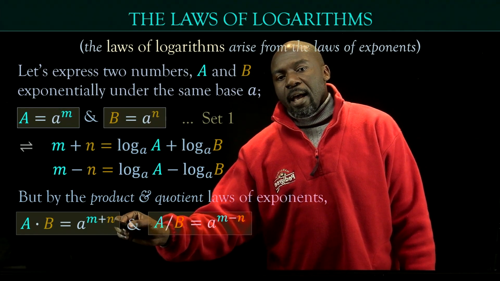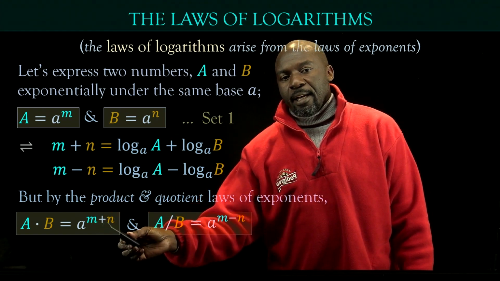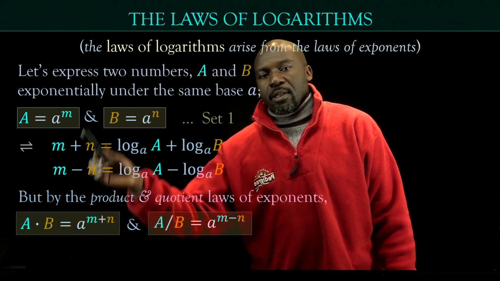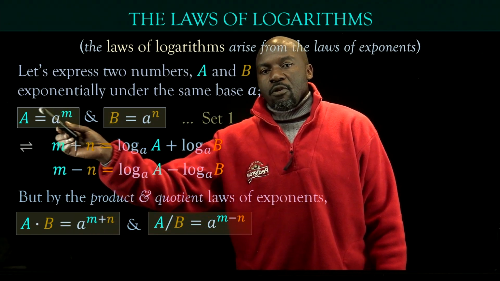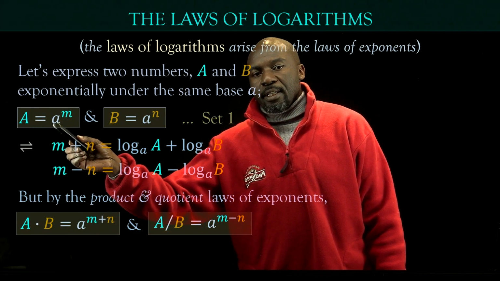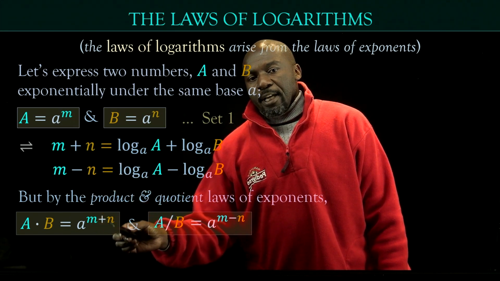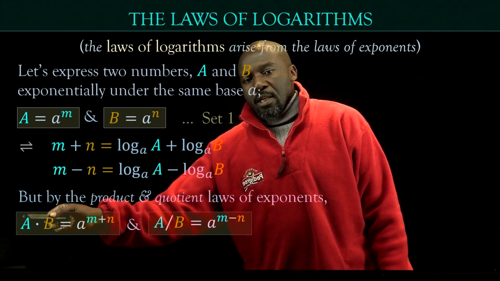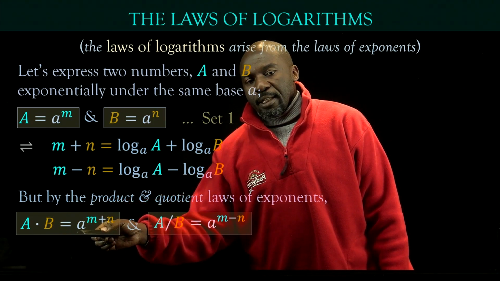So we can say m plus n must be the logarithm of this product here, just like m was the logarithm of a to the base lowercase a. M plus n must be the logarithm of this product AB when the base is a.